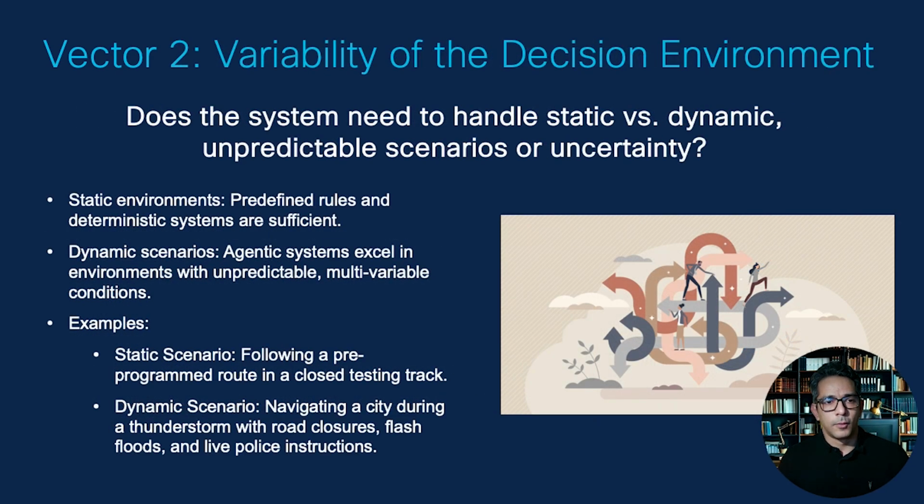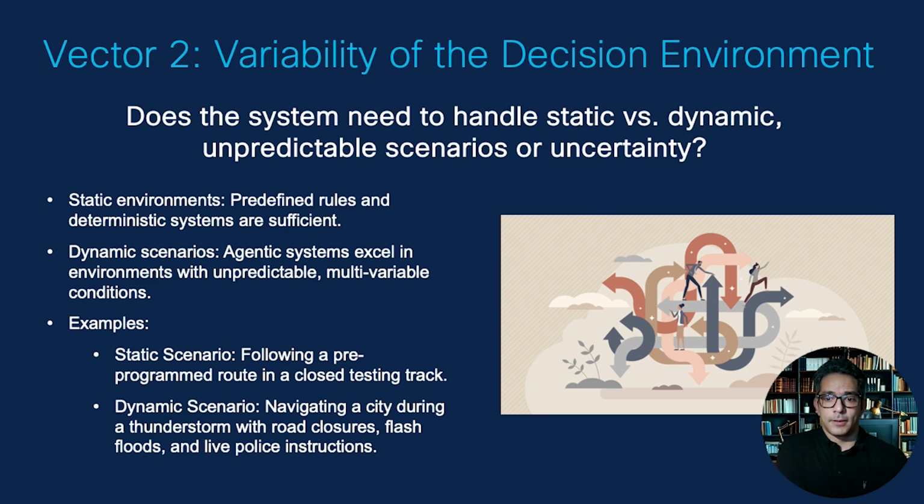Vector two, variability of the decision environment. Does the system need to handle static versus dynamic, a lot of unpredictable scenarios or uncertainty? So in static environments, deterministic systems are effective in controlled environments like testing tracks where variables are predefined and predictable.